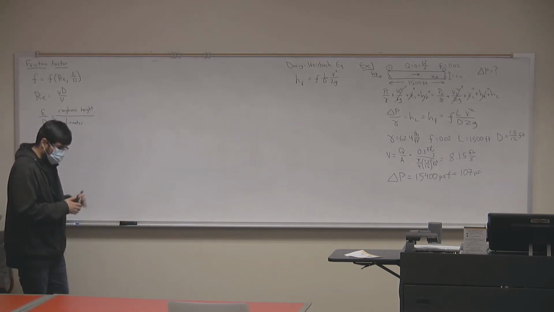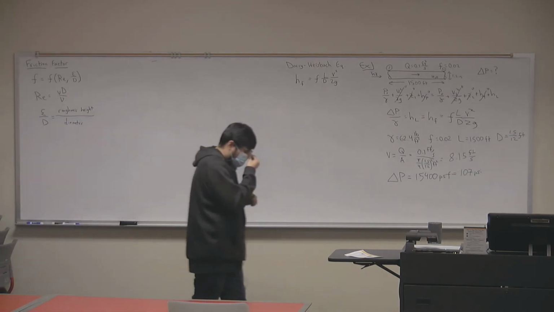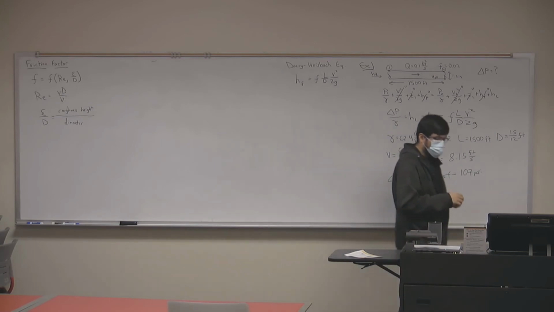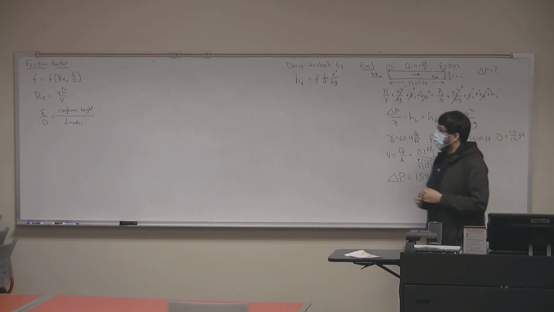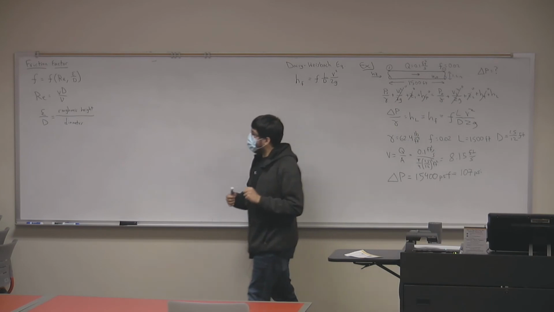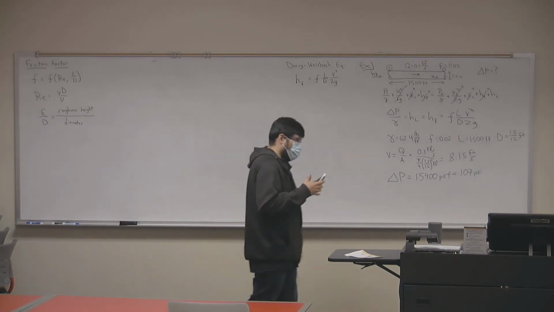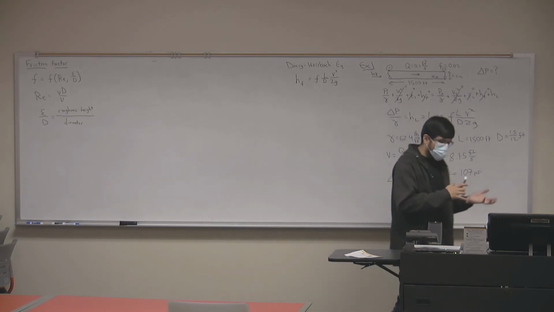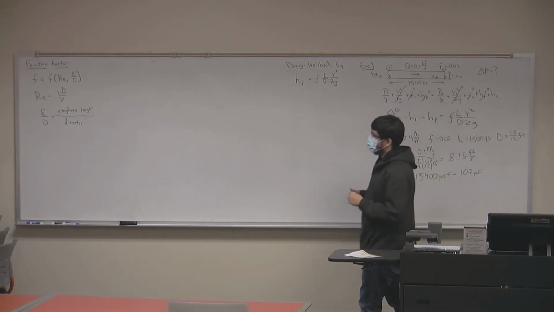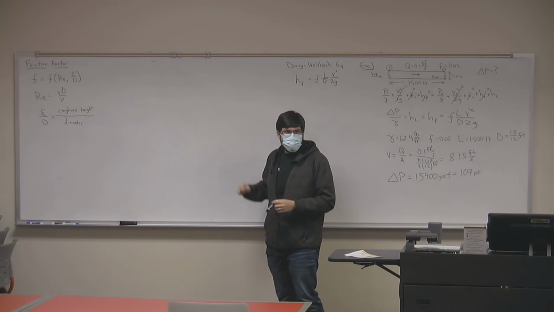Now, for laminar flow, this fanning friction factor can be calculated pretty easily. For turbulent flow, it becomes hard, right? And we're going to have to move from an analytical exercise where we derive equations, solve numbers, into more of an empirical exercise.